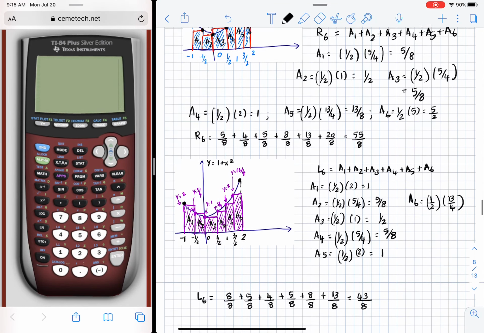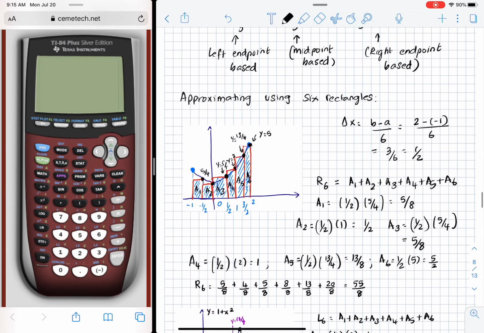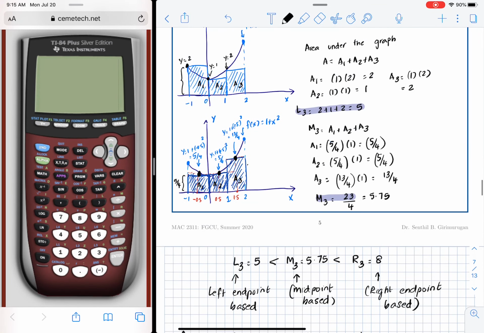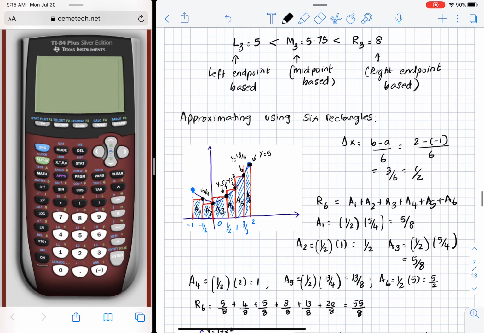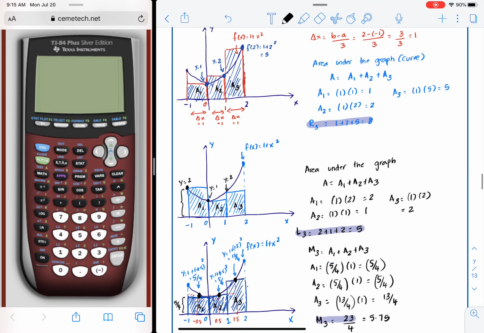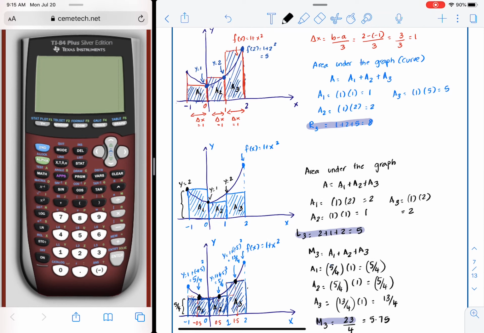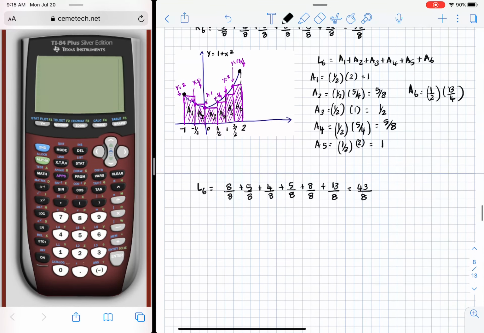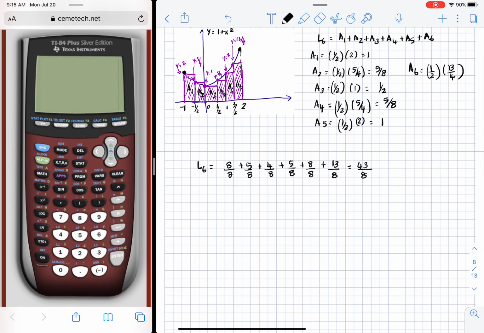Great. So that shouldn't change. Did we do this right over here? I think we didn't make a mistake here. Everything is in place. So now we have 43 over 8, which we shall evaluate.